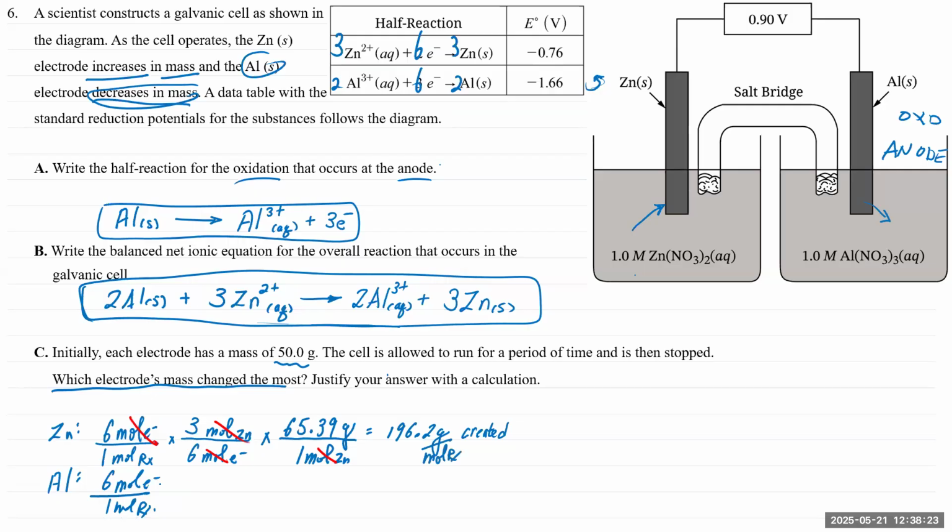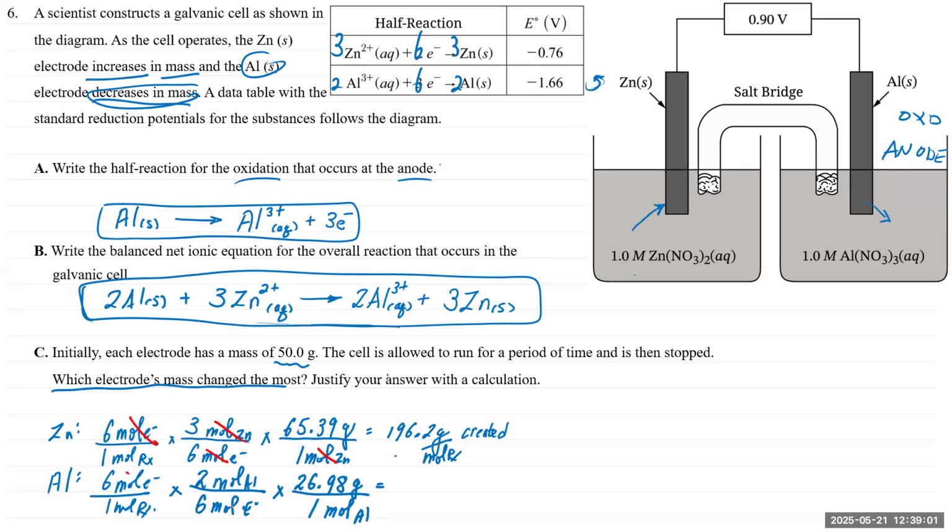Down here for the aluminum, the ratio is 2 moles of aluminum for 6 moles of electrons, and the molar mass is 26.98 grams per 1 mole of aluminum.